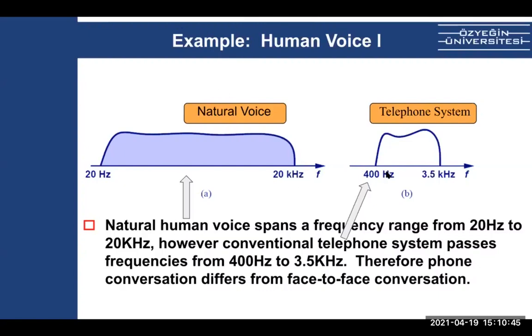Your voice is constrained between 400 and 3.5 kilohertz because it's really hard to get a 20 hertz signal through your cell phone chip, because then you would get the noise. There is a lot of noise here, and you wouldn't want to get the noises in the background, so you started from 400 hertz because basically you get rid of this part of your voice. Anyways, therefore, your voice in the phone differs from face-to-face conversation, değil mi?